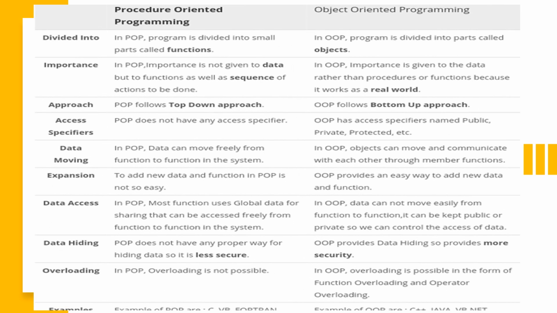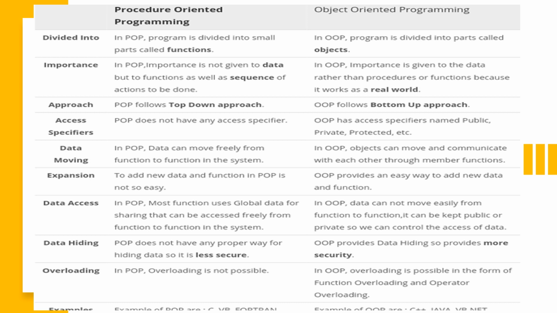These are the other differences between procedure-oriented programming and object-oriented programming. You won't understand all the differences because at this point you don't know many concepts. Once you watch my other videos and know the concepts, it will be easy for you to understand all the differences clearly.